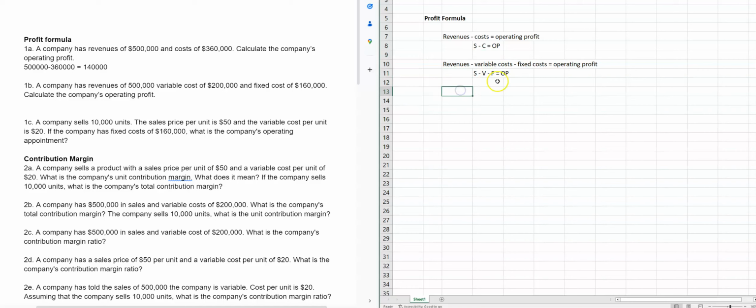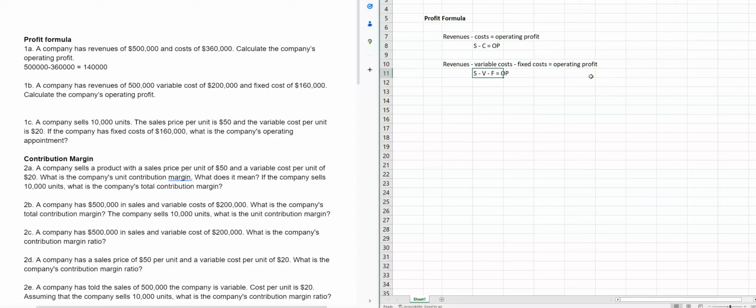Now, digging into this one a little bit more, the variables probably look kind of familiar to you. By variables, I mean the revenues, the variable cost, fixed cost, and operating profit. Hopefully you remember seeing something like this in your managerial accounting class.